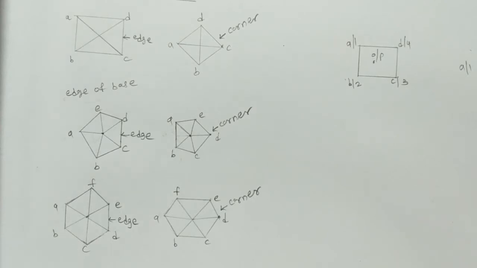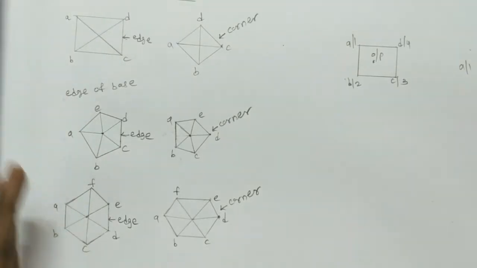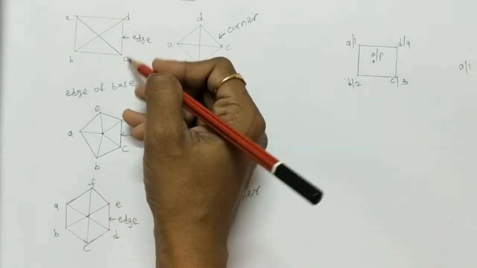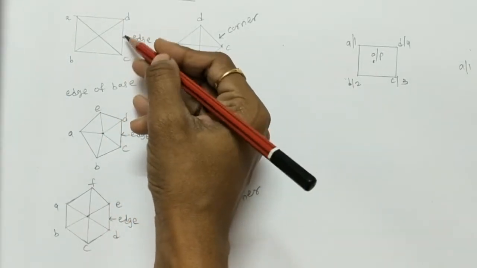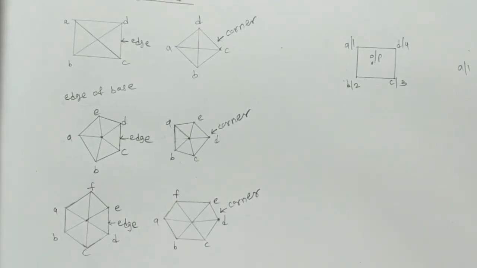Or also when it is given that the face in HP or face in VP or face inclined to HP or face inclined to VP, then we will use these conditions, that is face.